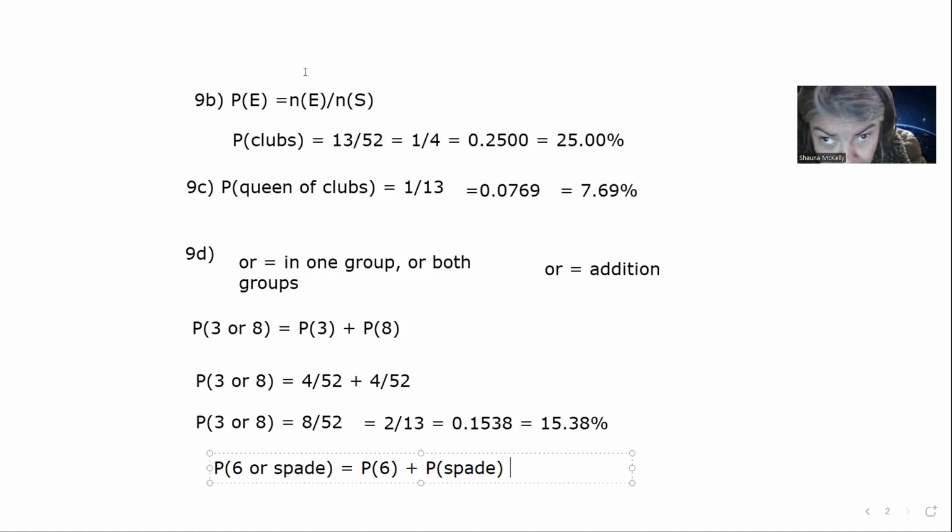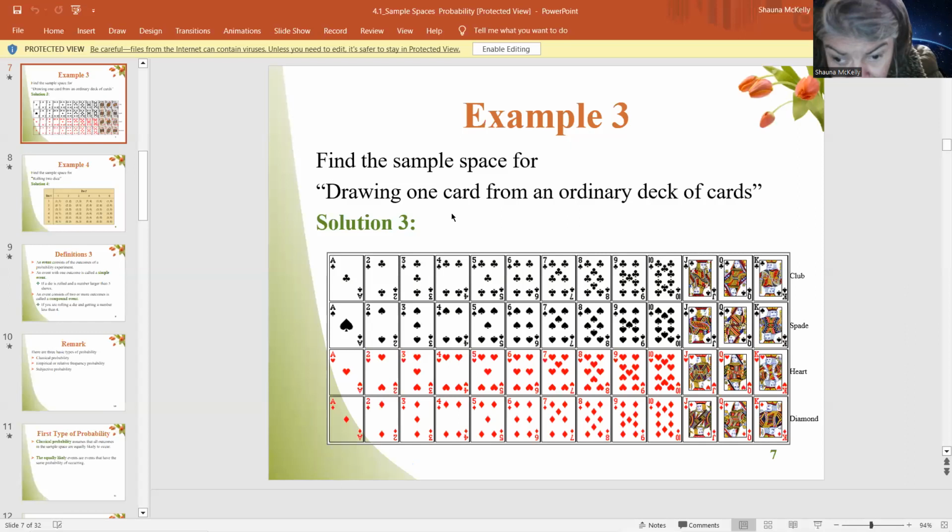So here, I can find the 6s pretty easily, right? Let me annotate this and spotlight it for you. So here's the 6s: 1, 2, 3, 4. The 6s are this column here.